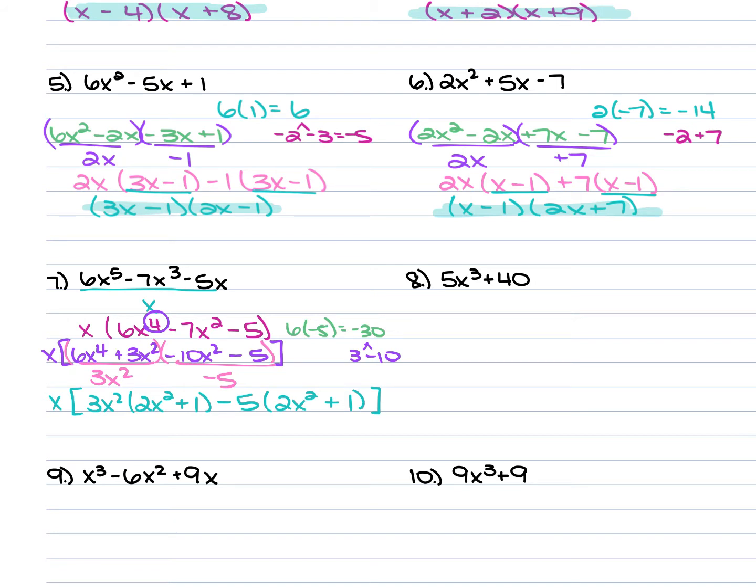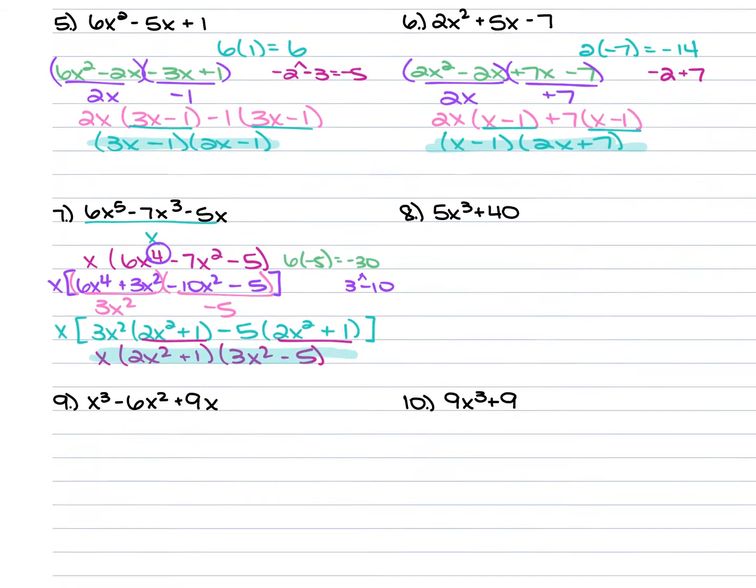Your 2 sets of parentheses are the same. So write this one more time as x times 2x squared plus 1 times 3x squared minus 5. You cannot factor anything else, so that is your answer.